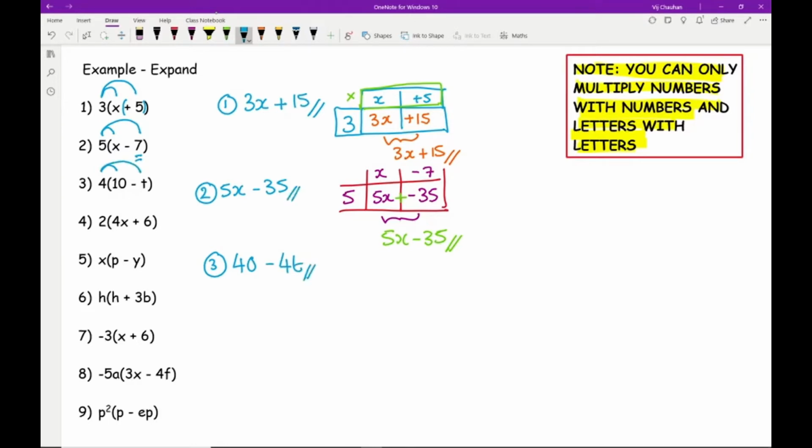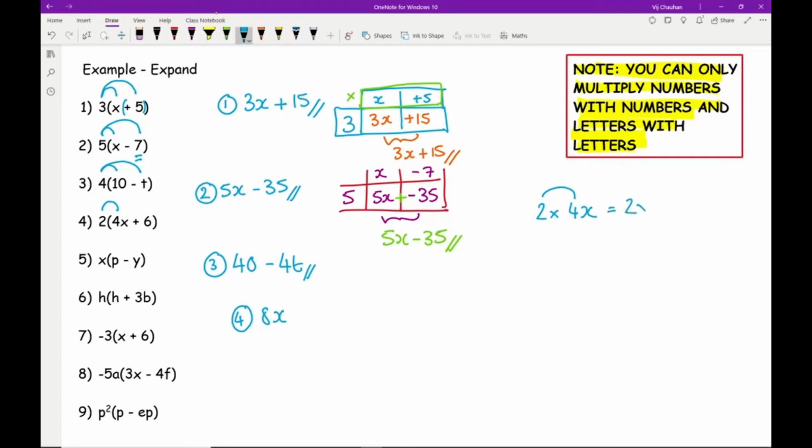For question 4, now here what we've got is we've got a number and a letter inside. So here I'm going to do 2 times 4x. Now again, you can only multiply numbers with numbers, letters with letters. So here I've got 2 times 4x. So here I could only simplify the 4 times 2, which is 8, and then I've just got an x because that's just a rogue letter.